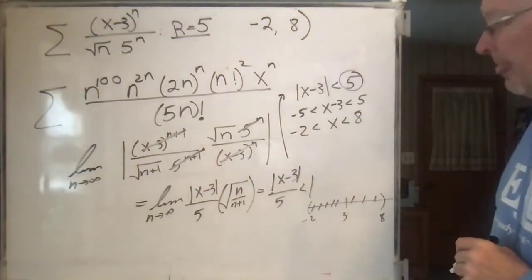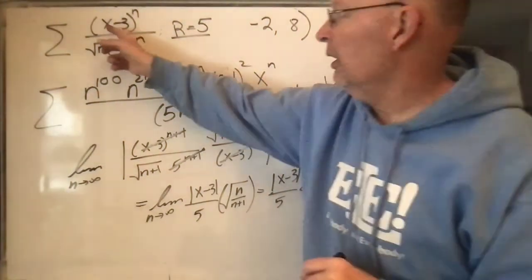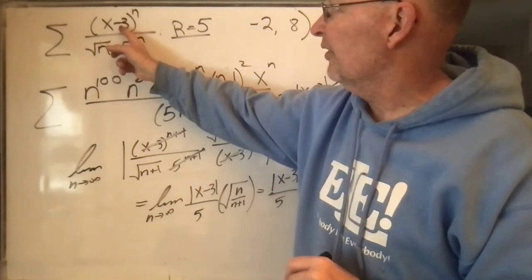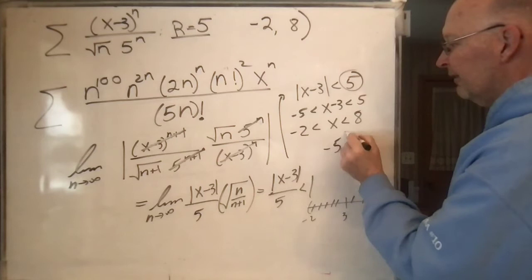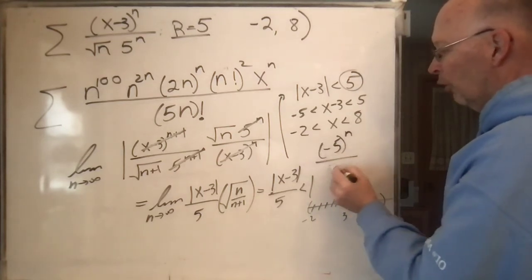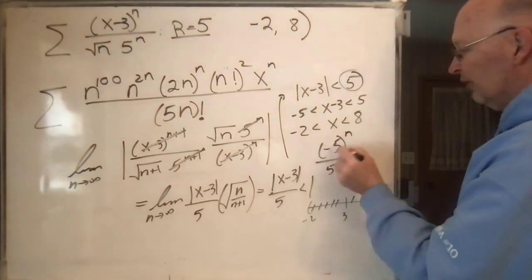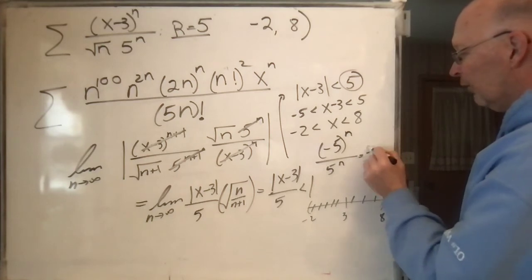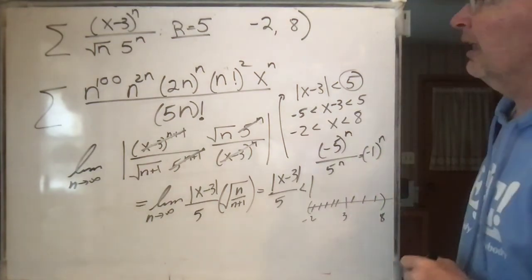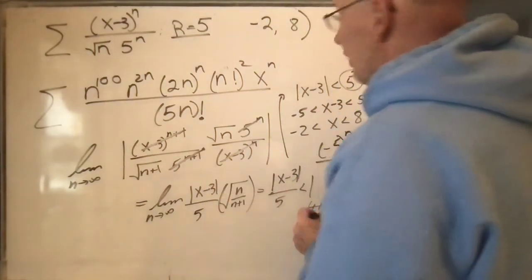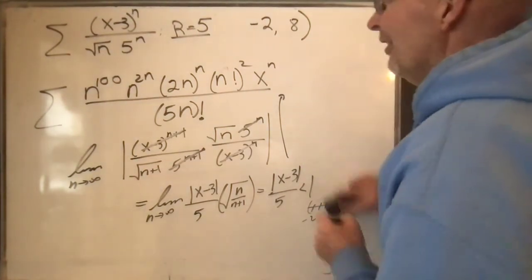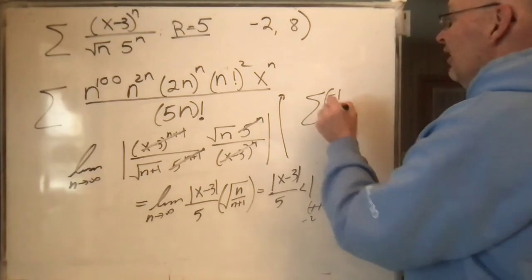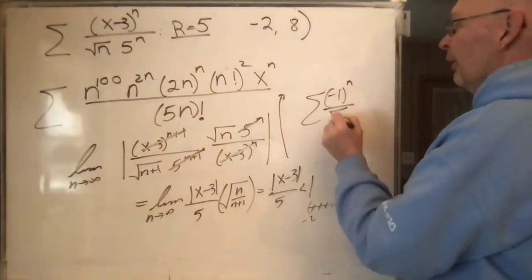On the other hand, if you stick in negative 2, negative 2 minus 3 is negative 5. Negative 5 to the n over 5 to the n is equal to negative 5 over 5, which is negative 1 to the n. And so you're going to end up with, I'm running out of space here, you're going to end up with just negative 1 to the n all over the square root of n.